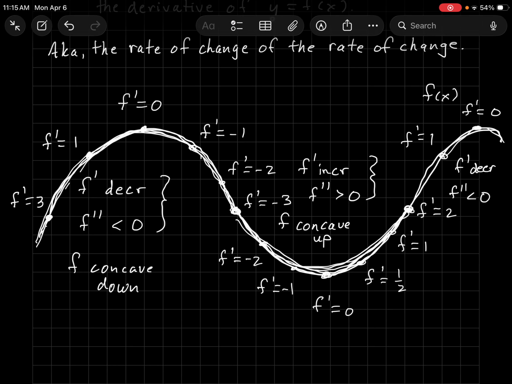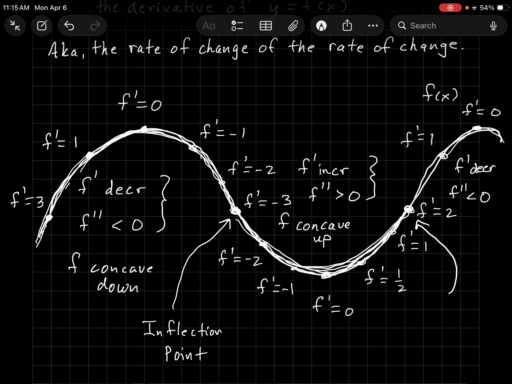The places, that is the points, where f prime changes from decreasing to increasing or vice versa, these 2 points, we call those inflection points of f.